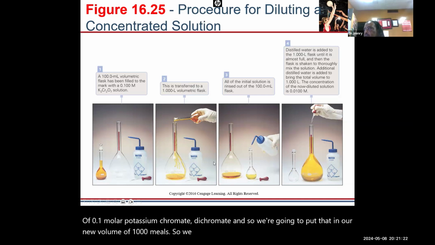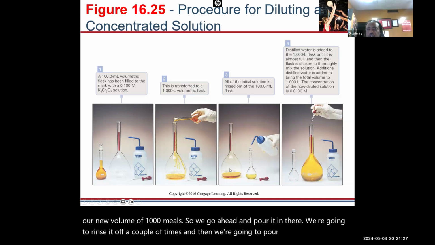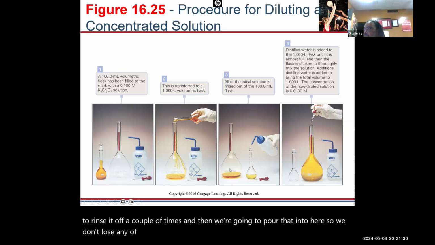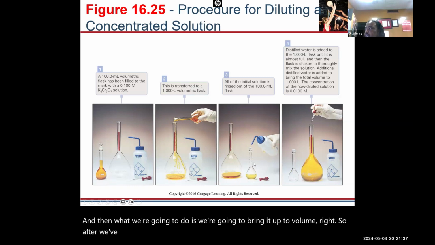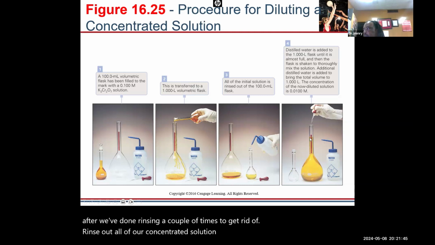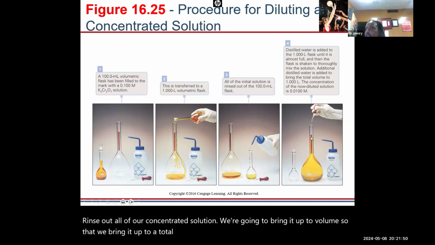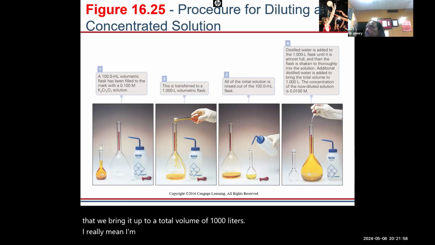So we pour it in there, rinse it off a couple of times, and pour that in so we don't lose any of our concentrated solution. Then we bring it up to volume, a total volume of 1,000, I'm sorry, 1,000 milliliters or 1 liter.